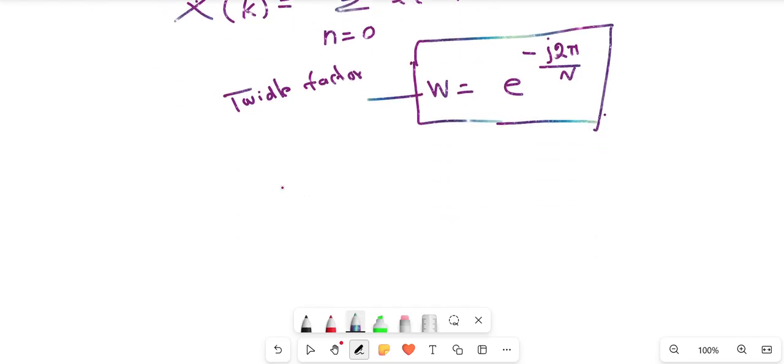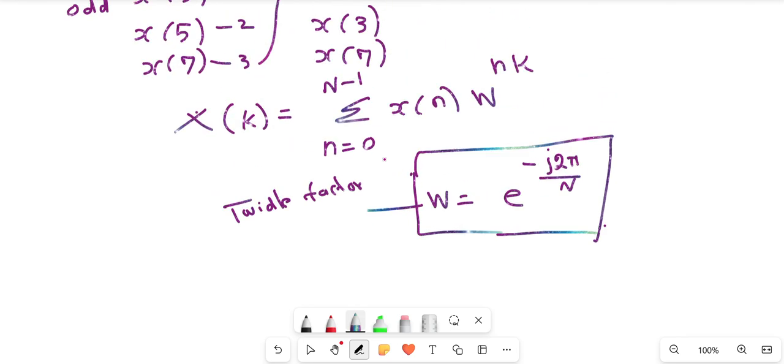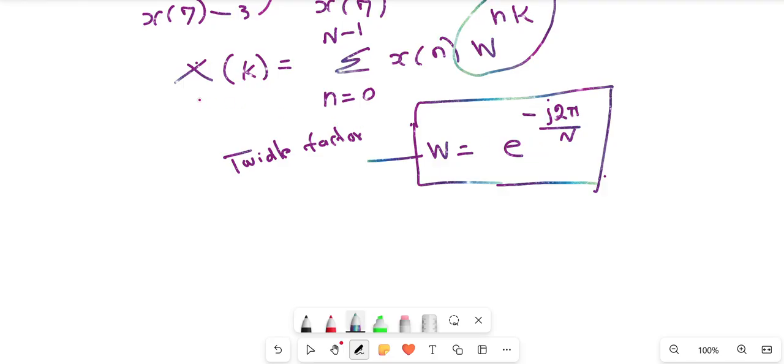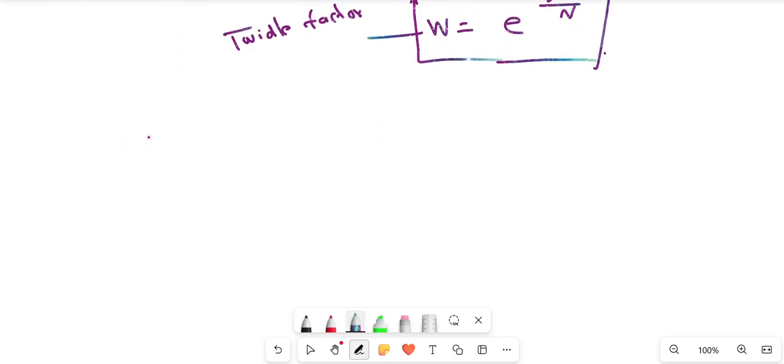The properties: W power kn possesses circular symmetry.